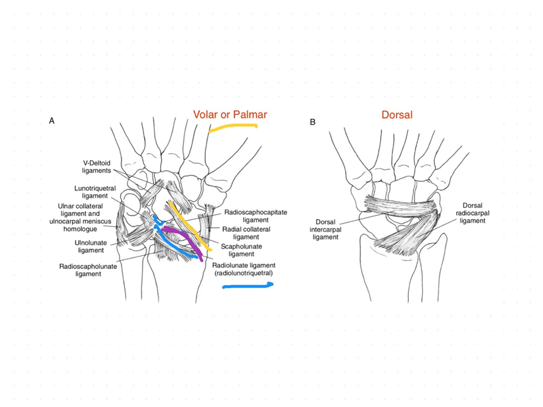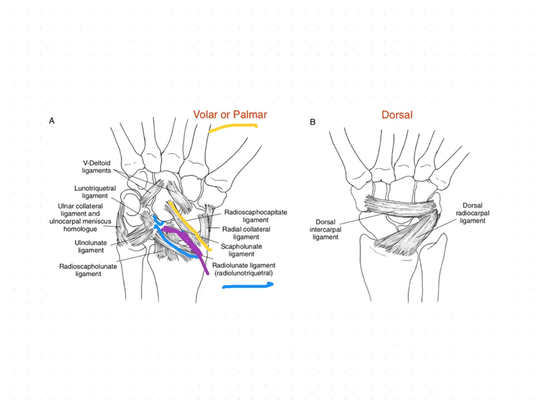The radioscapholunate ligament is the most important stabilizer of the proximal pole of the scaphoid, and disruption of this ligament may lead to scaphoid instability.